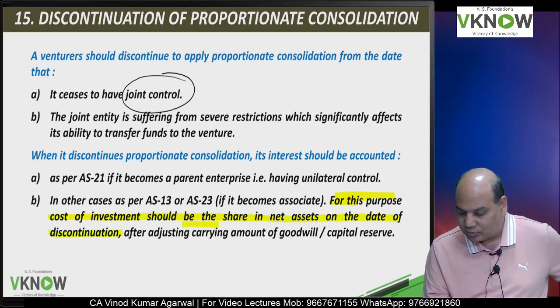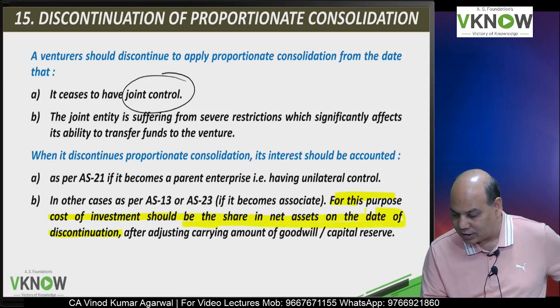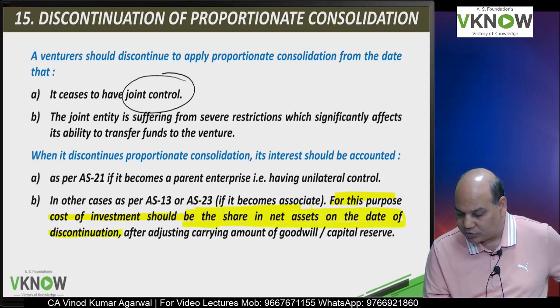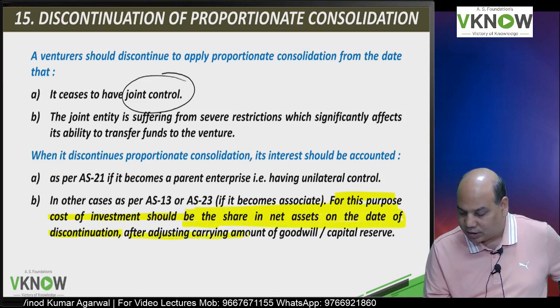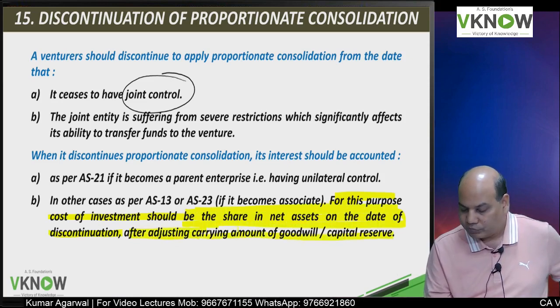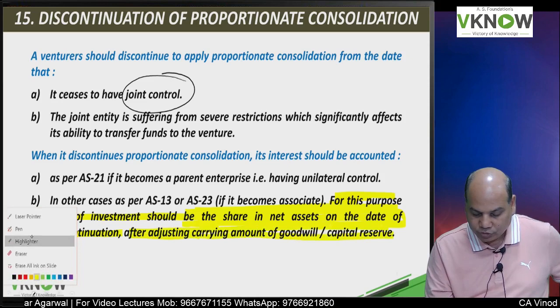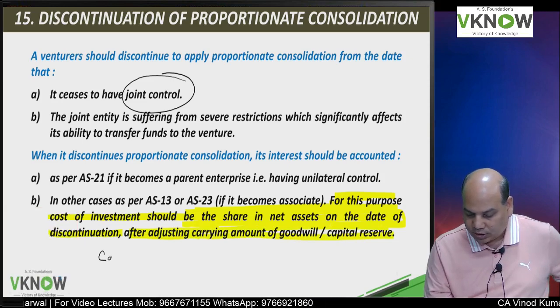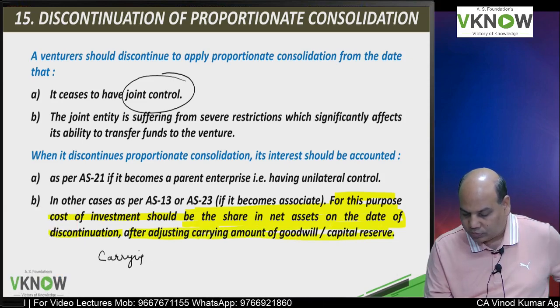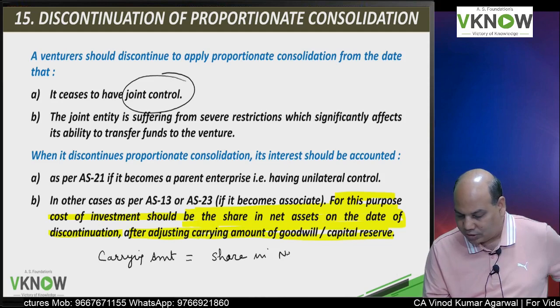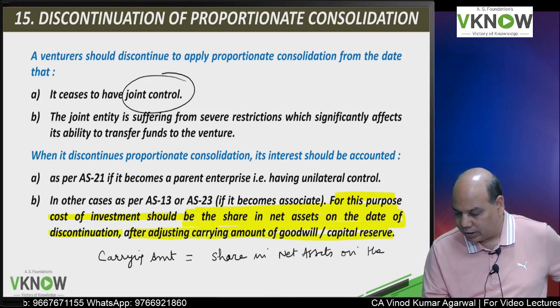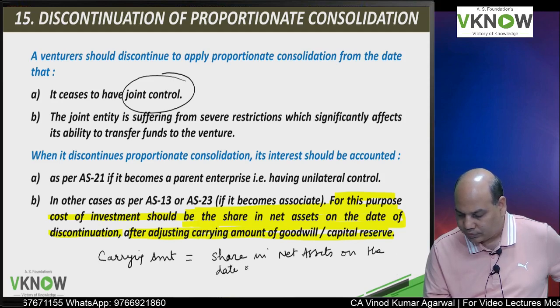So you will calculate your share in net asset of the joint venture after adjusting carrying amount of goodwill or capital reserve. So the carrying amount once you cease to have joint control will be equal to share in net asset on the date of discontinuation.